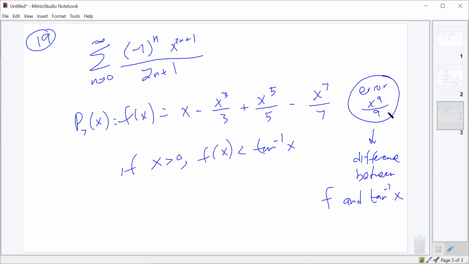Because to get the actual value, we need to add more onto it. But if x is less than 0, this x to the 9th over 9 term is a negative value, and that should tell us that we've gone over because we need to subtract to get back to the actual value. So f of x would then be greater than the inverse tangent of x. Does that make sense?